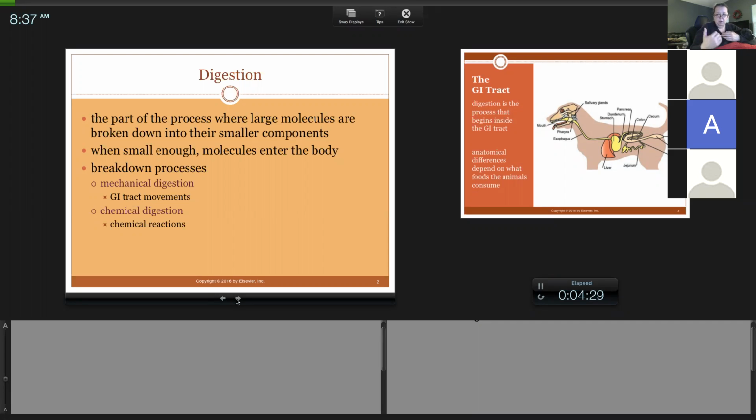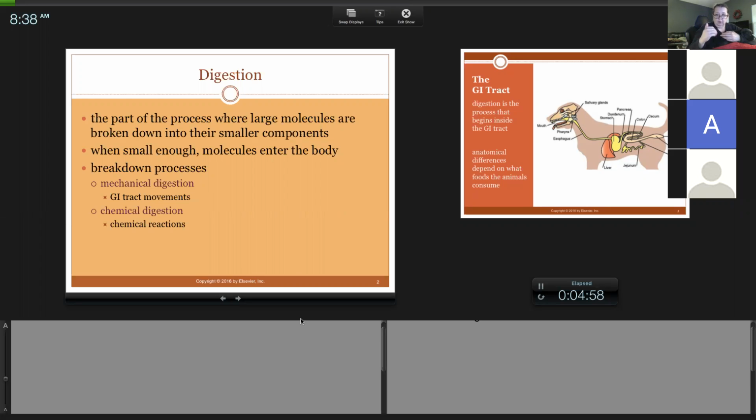But actually, most of the digestion and absorption happens in the small intestine. So things have to get broken down into something that can be absorbed and used. And when it's broken down small enough, that's when it diffuses into the bloodstream, and then the bloodstream takes the nutrients to where they need to go.